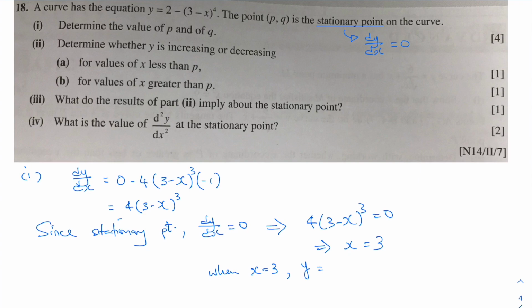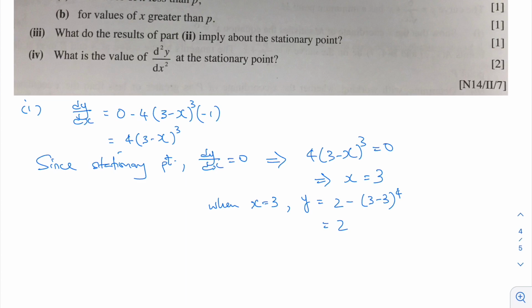Substitute into the initial equation: 2 minus (3 minus 3) to the power 4. So y is 2. And therefore, the values of P and Q: (P, Q) is equal to (3, 2).